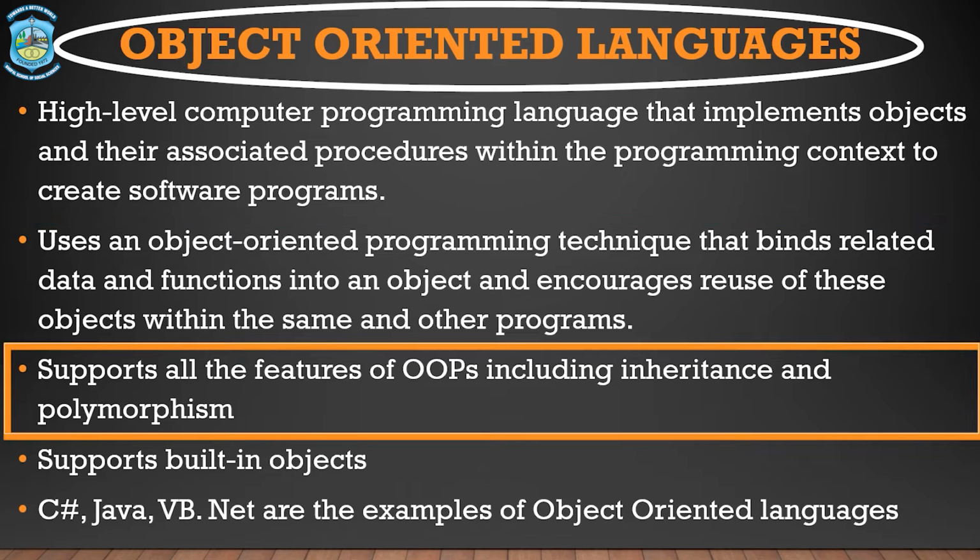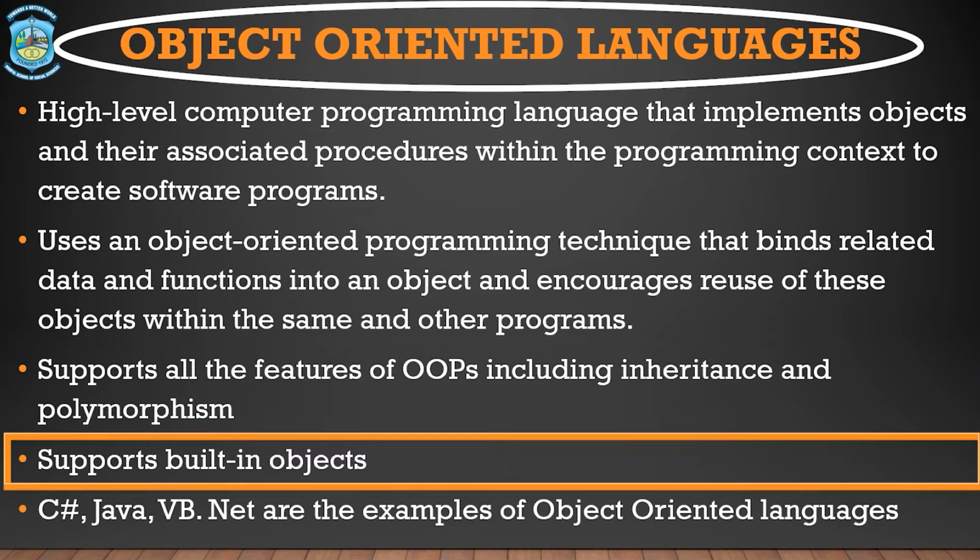Now, the object-oriented languages also support a lot of features of object-oriented programming, which means that they support inheritance, polymorphism, abstraction, encapsulation, and all these concepts together make it very, very powerful as a programming paradigm.